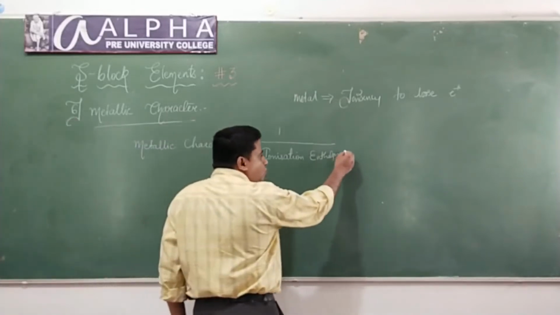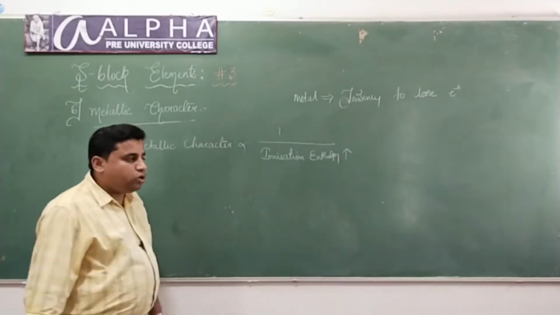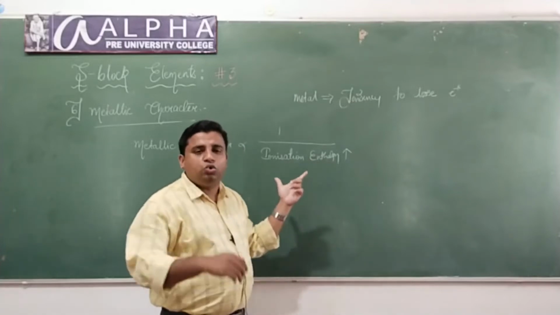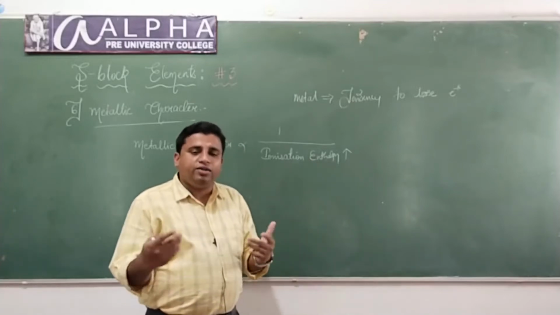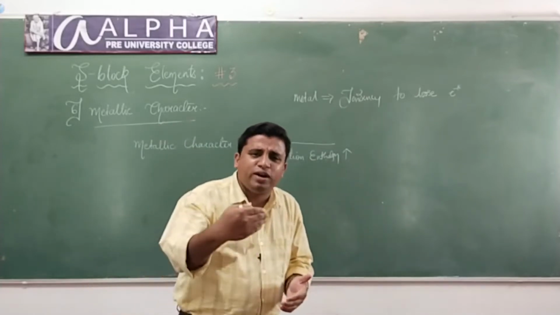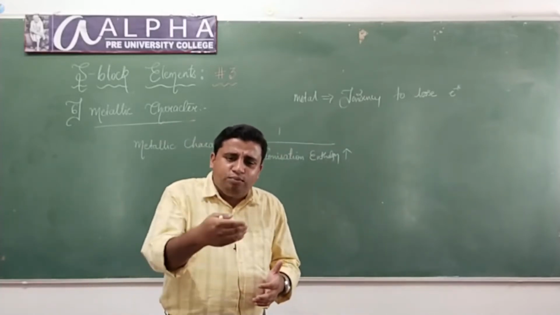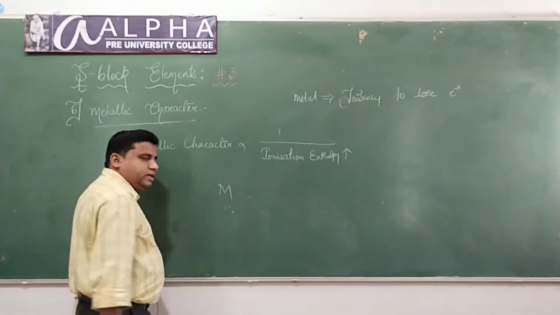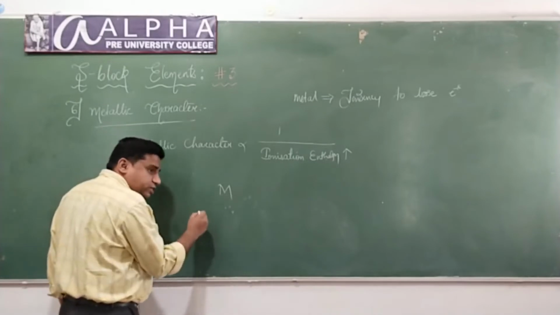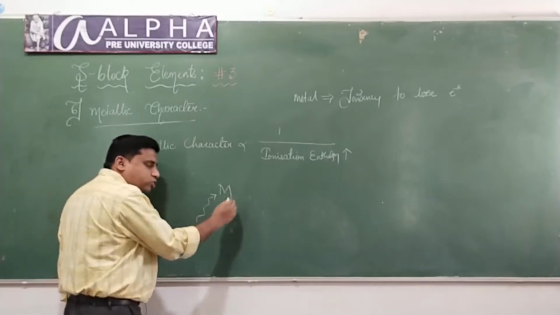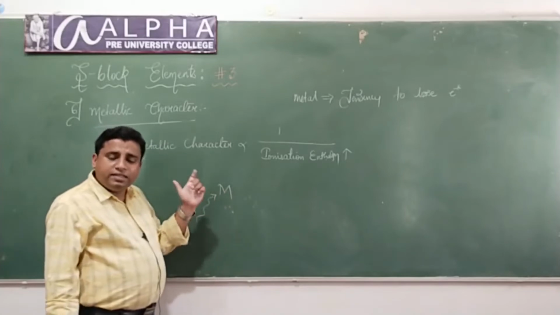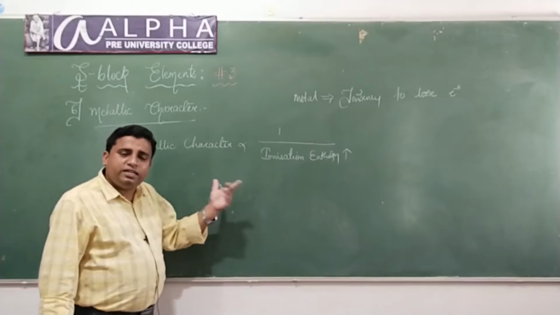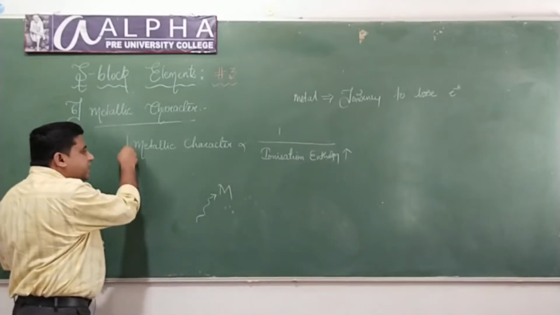The higher the ionization enthalpy, the more difficult it is to lose the electron. That means you have to supply more energy to remove the outermost electron from an element. So this element has very little tendency to lose its electron, and it will have less metallic character.